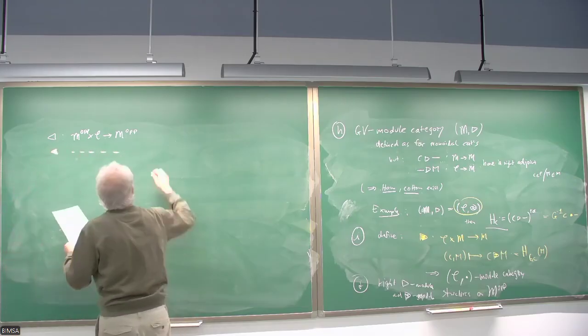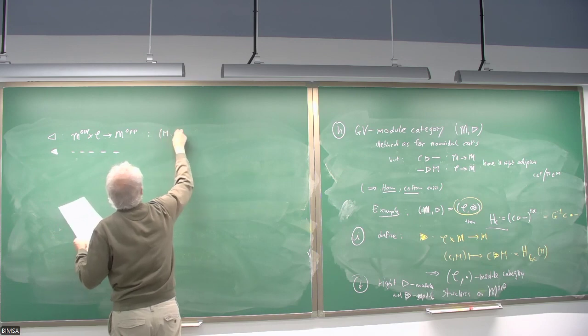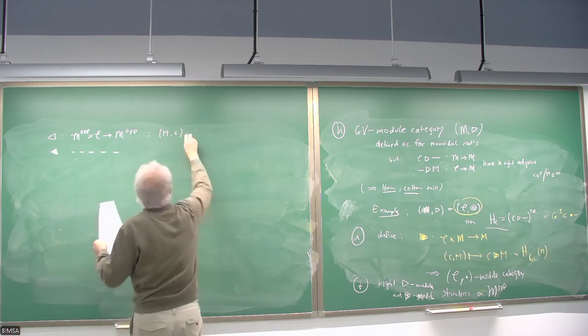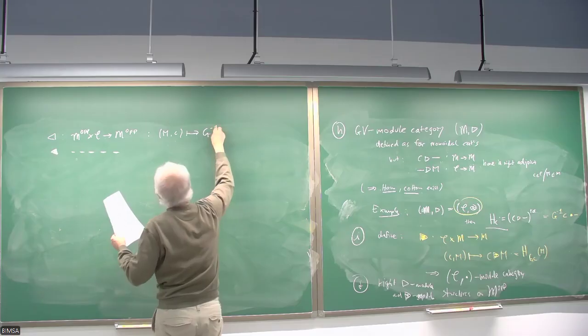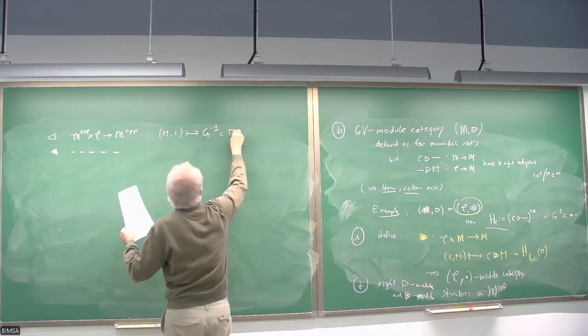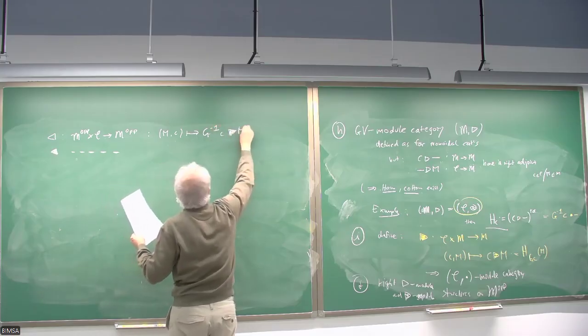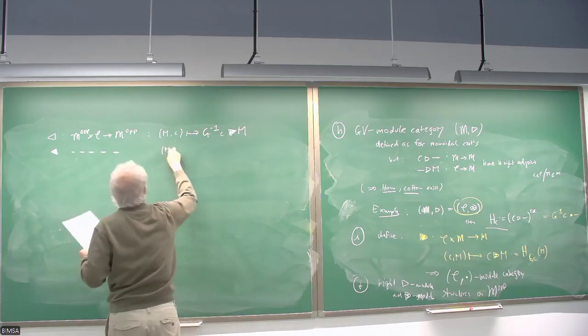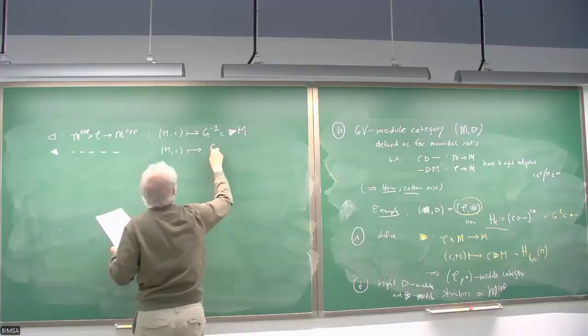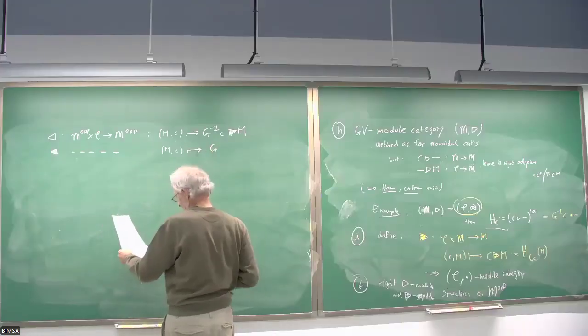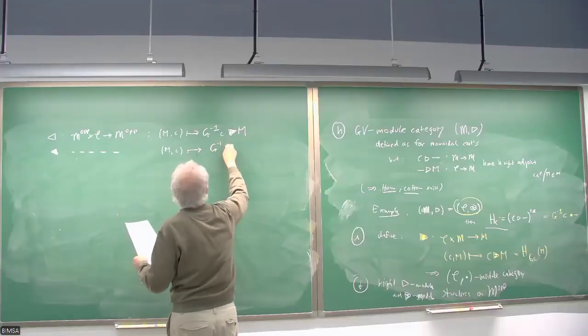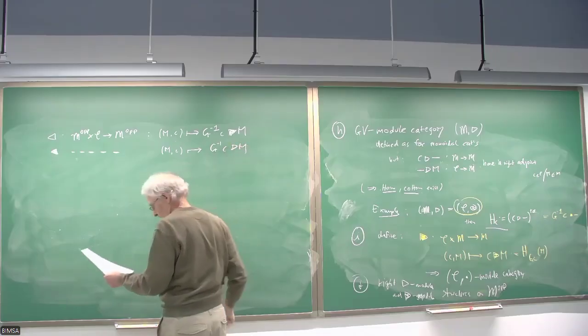And in this case, C is mapped to G inverse of C with this other action on M, and here it's mapped to G inverse of C with the first action.